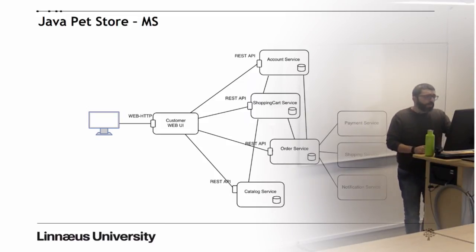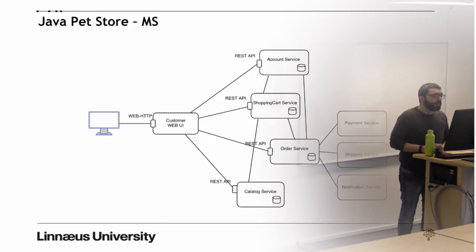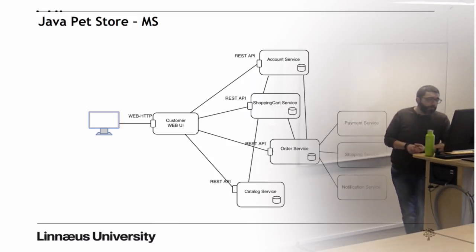Okay, and as you can see, the order service can interact with external services. For example, we have a payment service, which can be PayPal, or the shipping service can be PostNord, for example, or the application service can be a text message to your own mobile phone.